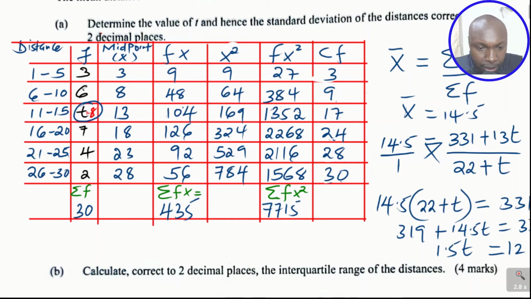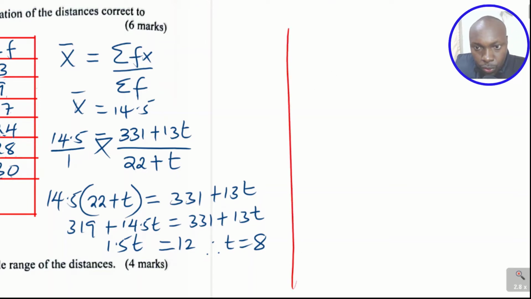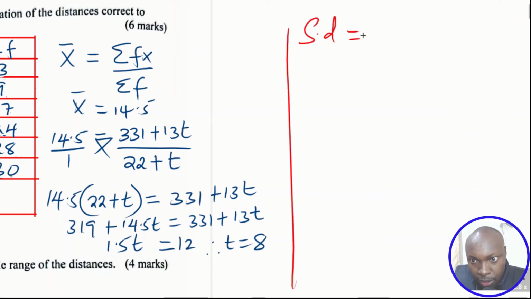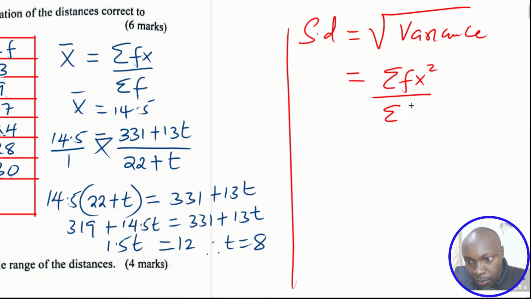Now, after getting that, we can get the standard deviation. To get the standard deviation, I'll have to use this part here. The standard deviation is given by the square root of the variance: the summation of fx squared divided by the summation of f, minus the summation of fx divided by the summation of f, everything squared, then we get the square root.